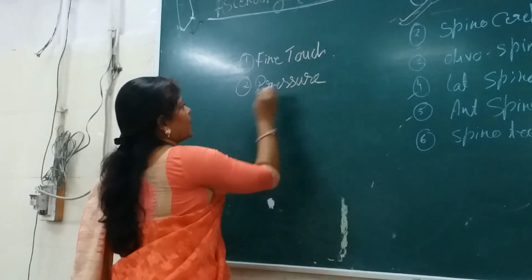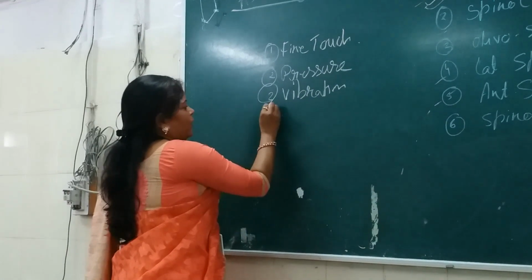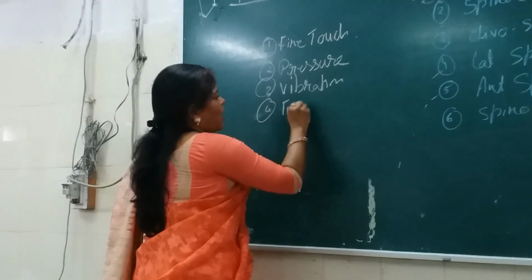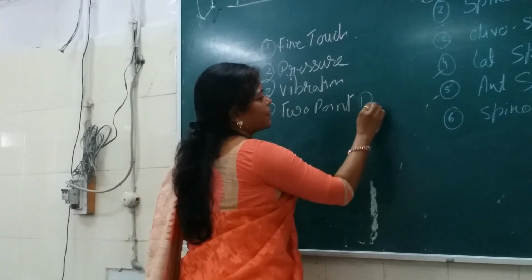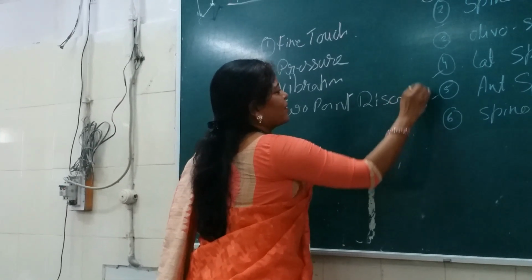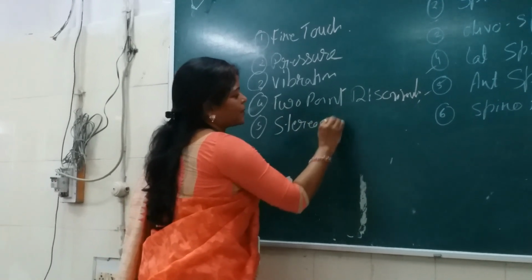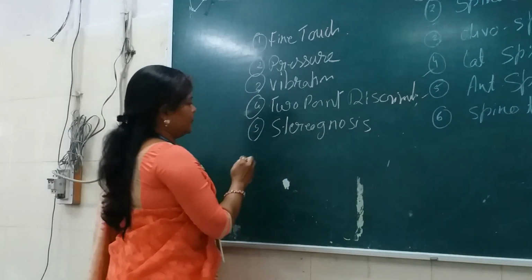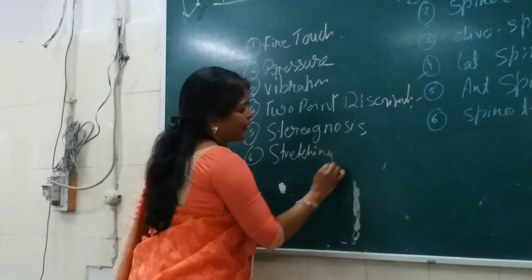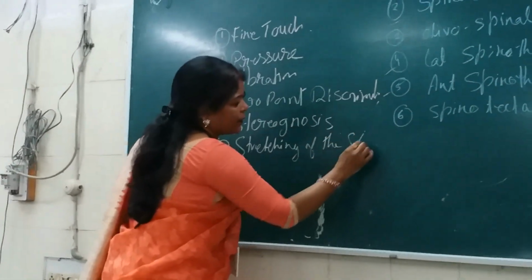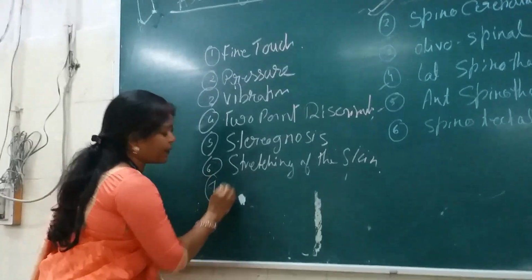Look here, the fine touch, the pressure, the vibration sensation, 2-point discrimination. Okay, tactile localization and discrimination, 2-point discrimination it is. Then stereognosis, stretching of the skin. And the very important modality of sensation, that is the proprioceptive impulses.